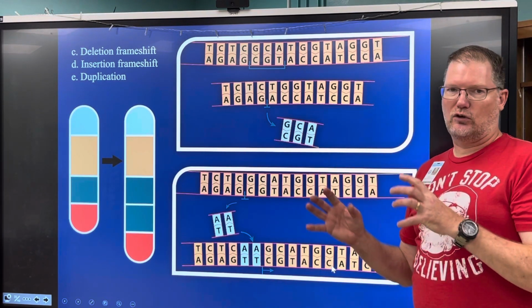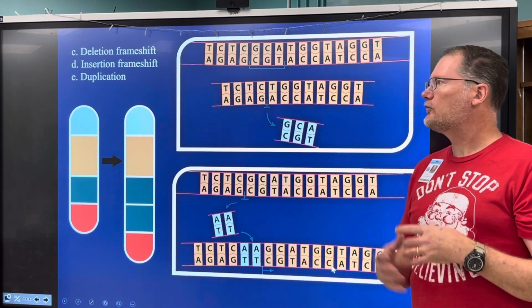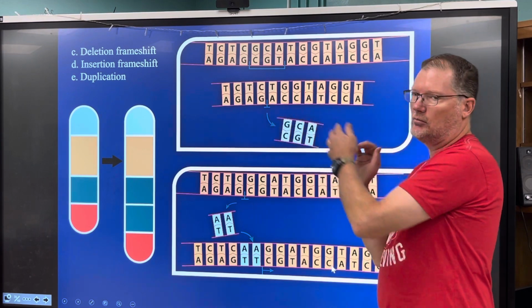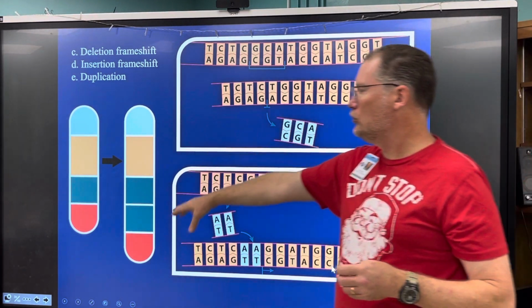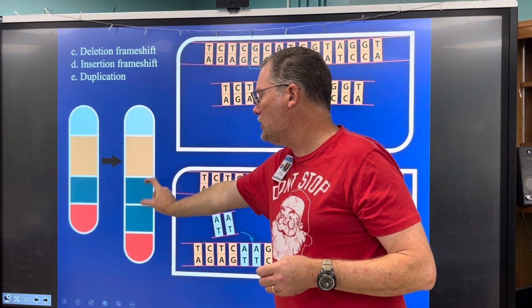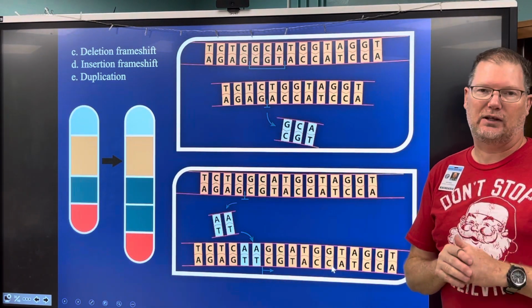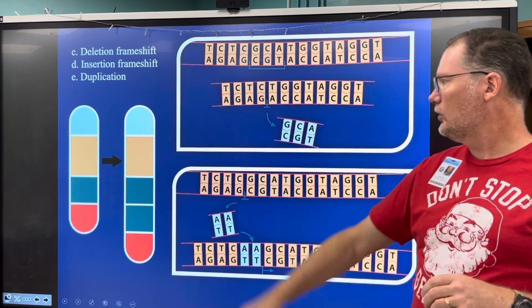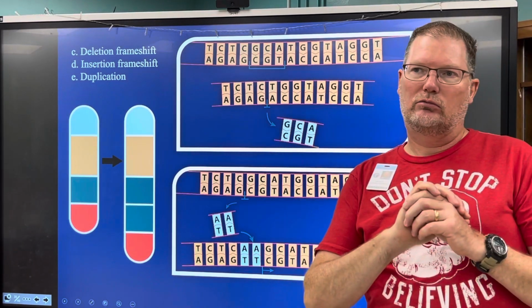So deletion, insertion, that's pretty simple. Frame shift just means that it shifts the frame of the DNA molecule. And then finally, duplication. Sometimes a gene or a section of genes will get duplicated on the chromosome. So it'd get like copied twice or something like that.